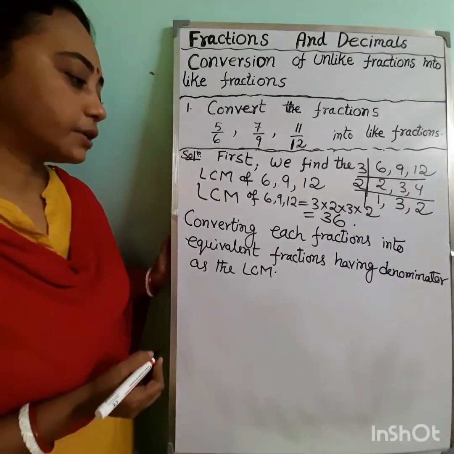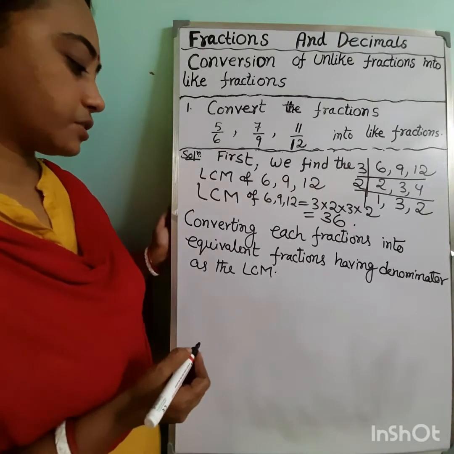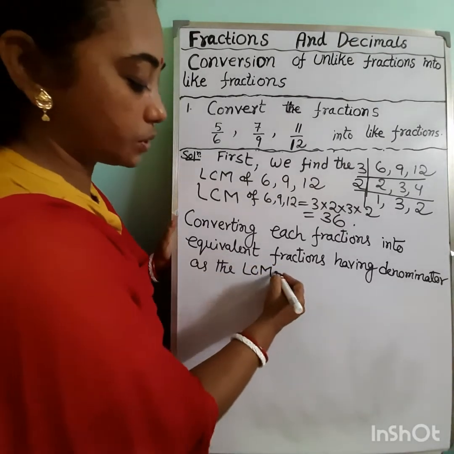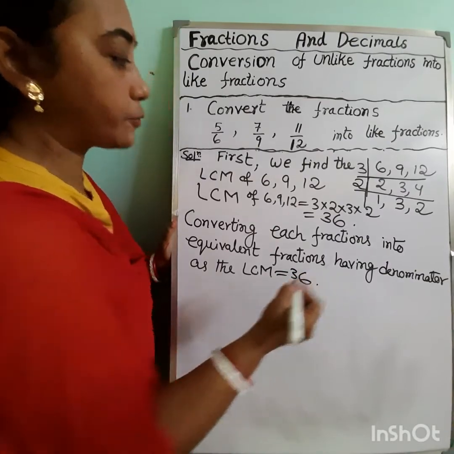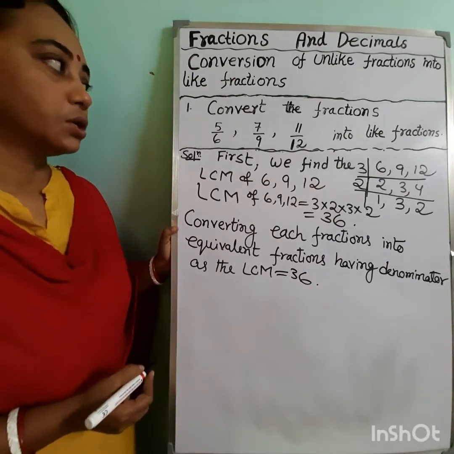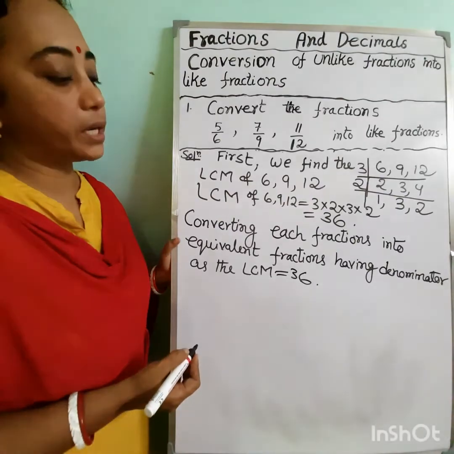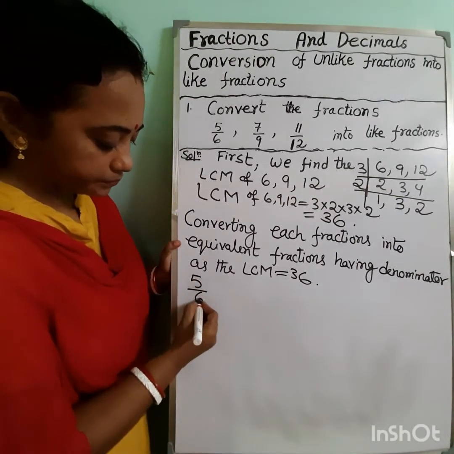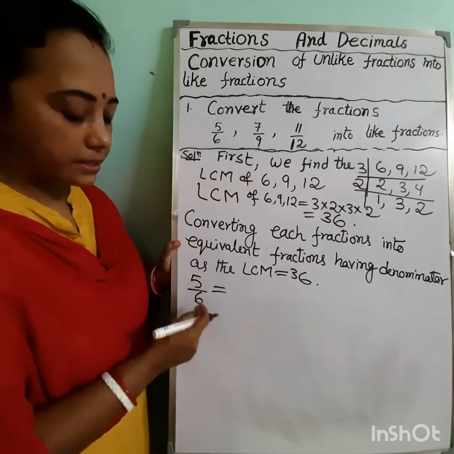Now after that we convert each fraction into an equivalent fraction having the LCM as the denominator. So here the LCM is 36. We have to convert each fraction to an equivalent fraction whose denominator is 36. So first we write 5 by 6. Here 6 is the denominator.